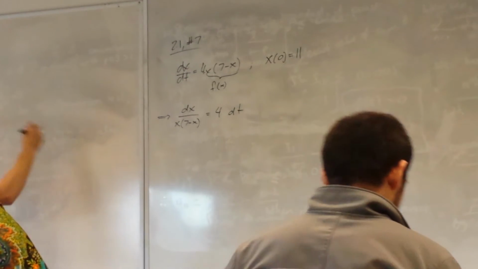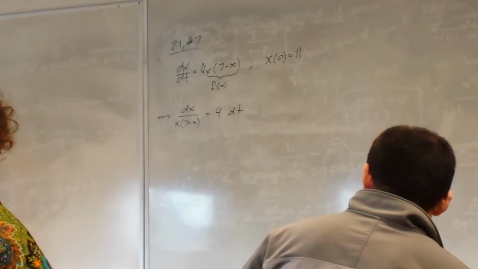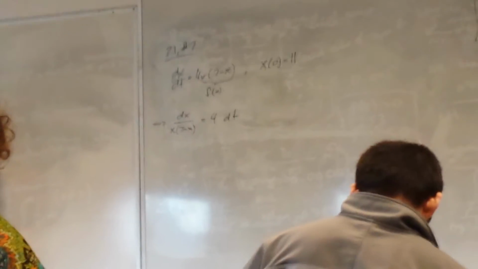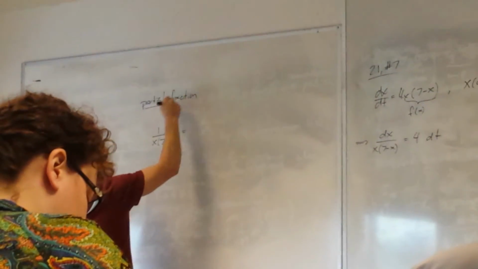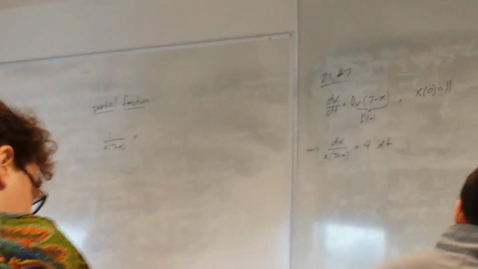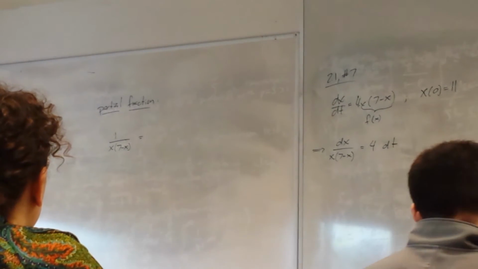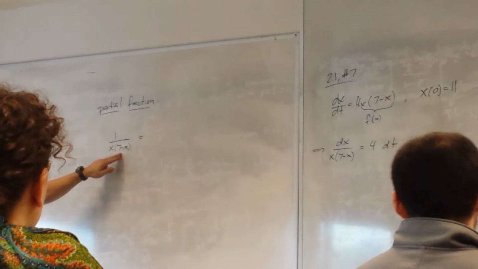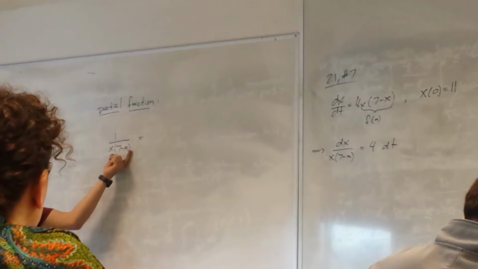Now if we pull that apart, we got 1 over x(7 minus x), and this is the piece where we use partial fractions. The good thing about all these problems is that the partial fraction decompositions weren't terrible. There's a whole theory on them: repeated linear factors, an irreducible quadratic factor, different cases.